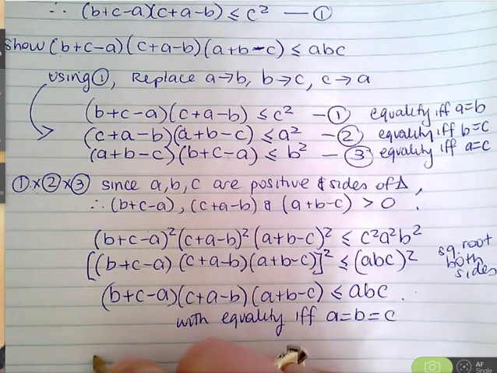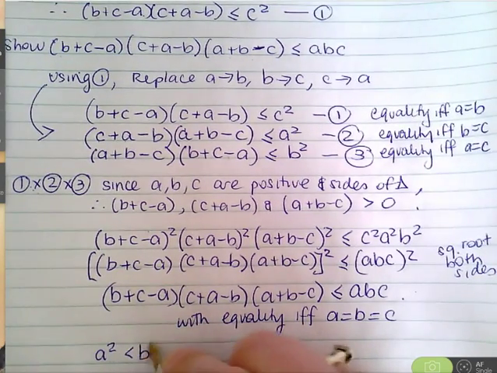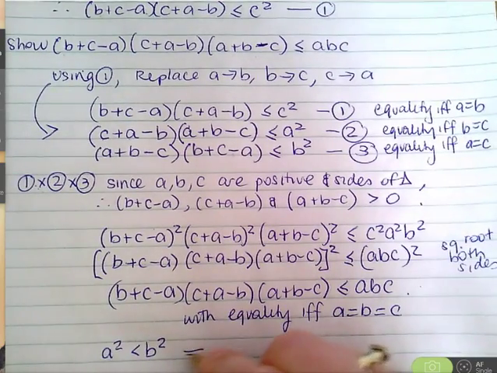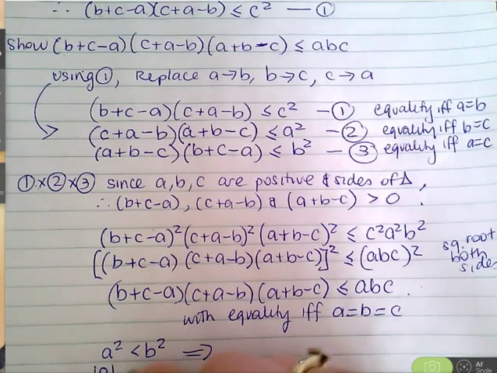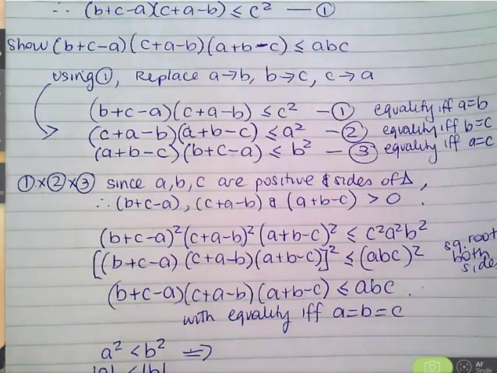Since we know that, for example, if A squared is less than B squared, then that will mean that the absolute value of A is less than the absolute value of B, okay?